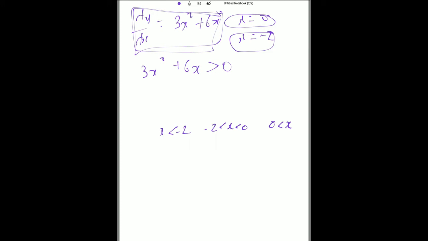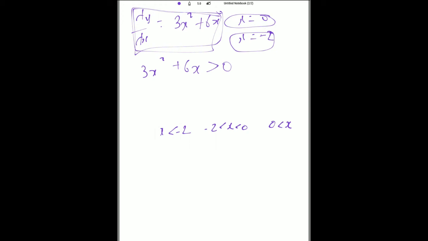Because let's say right here that this would be 3x, and that would be x plus 2 rather, is greater than 0.